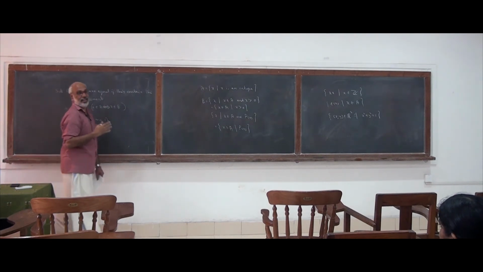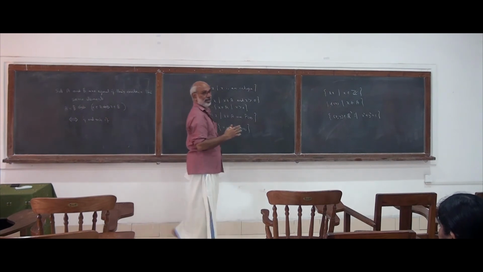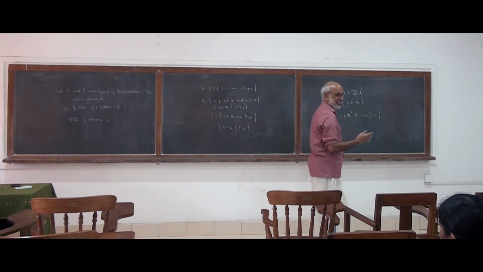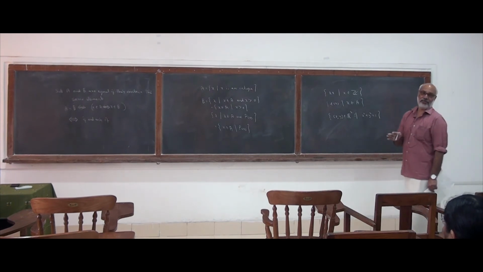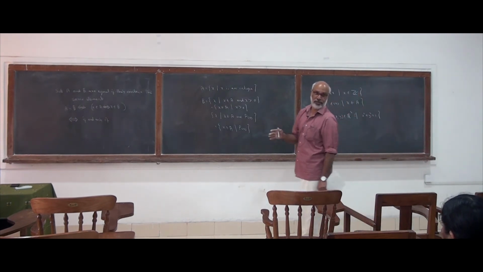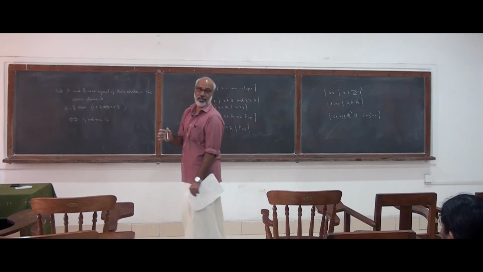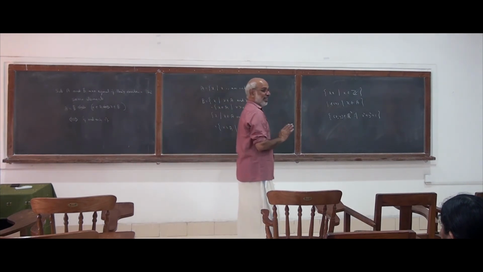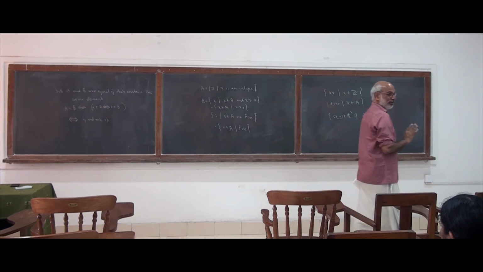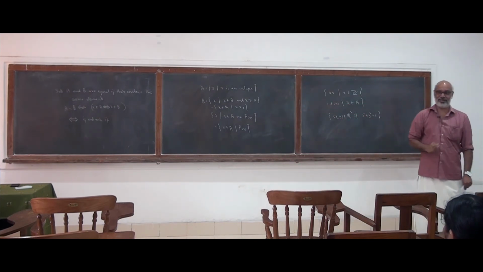That is, sets A and B are equal if and only if whenever something is an element of A, it should be an element of B, and whenever something is an element of B, it should be an element of A also. That is a necessary and sufficient condition for two sets to be equal.